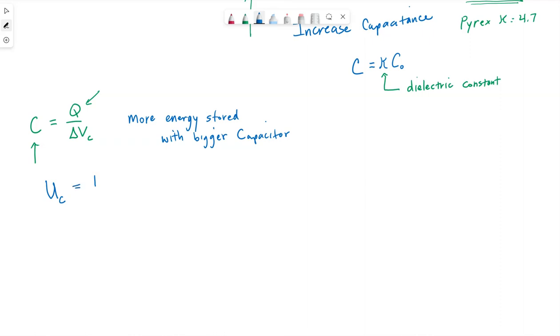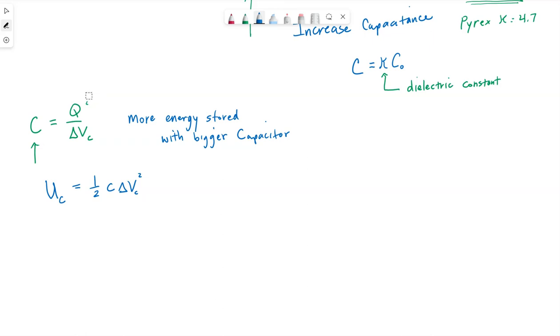One way we can write this is 1/2 C, meaning capacitance, times delta V squared. So the energy depends on both capacitance and potential difference across the plates.